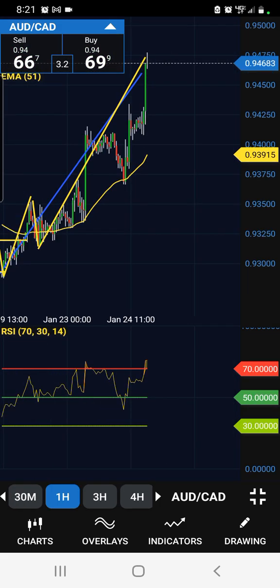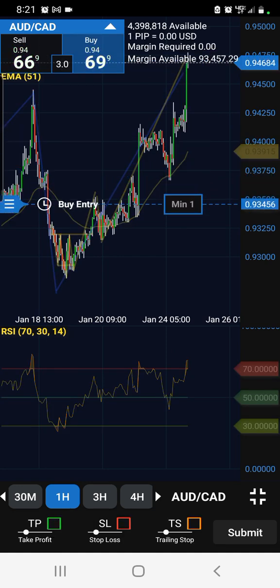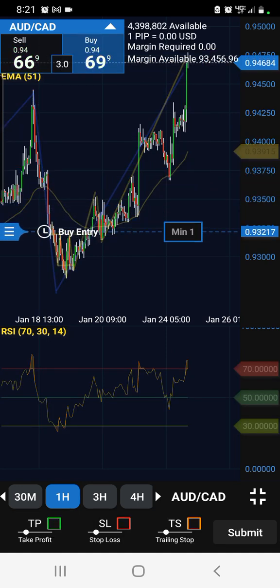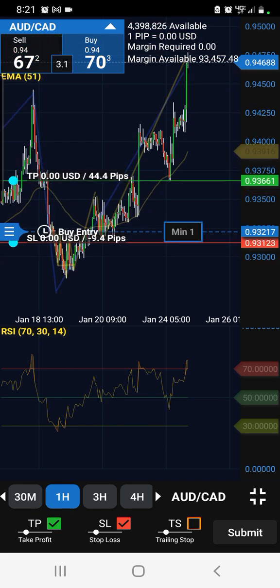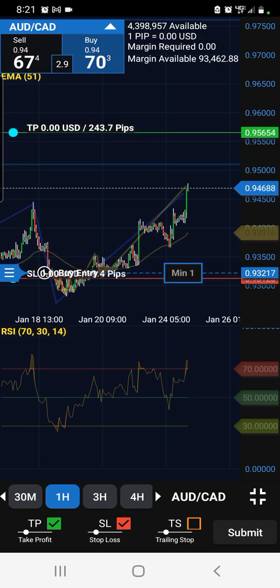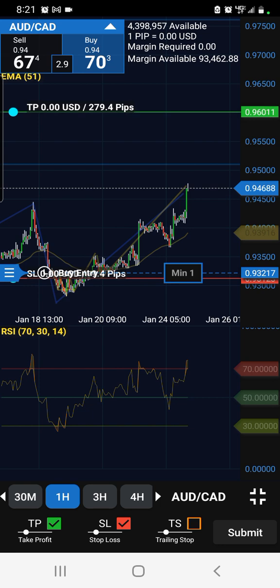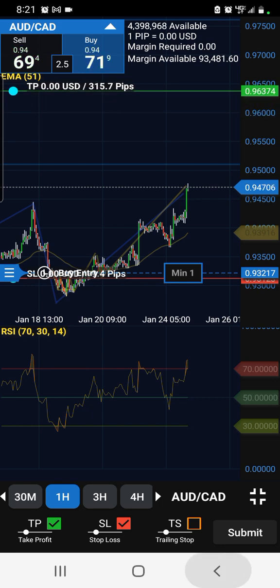If we would have bought it right here, set my stop loss somewhere down here, take profit 320. Nah, that's not gonna work out.